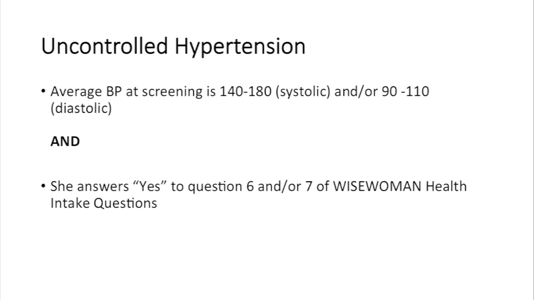These are the questions that relate to: have you ever been told that you have high blood pressure, and are you taking medicine for high blood pressure? Sometimes people will say, no, I've not been told I have high blood pressure, but yes, I am taking medicine for it. So if they answer yes to either one of those questions, and they have stage 1 or stage 2 hypertension at screening, then they're considered to have uncontrolled hypertension.